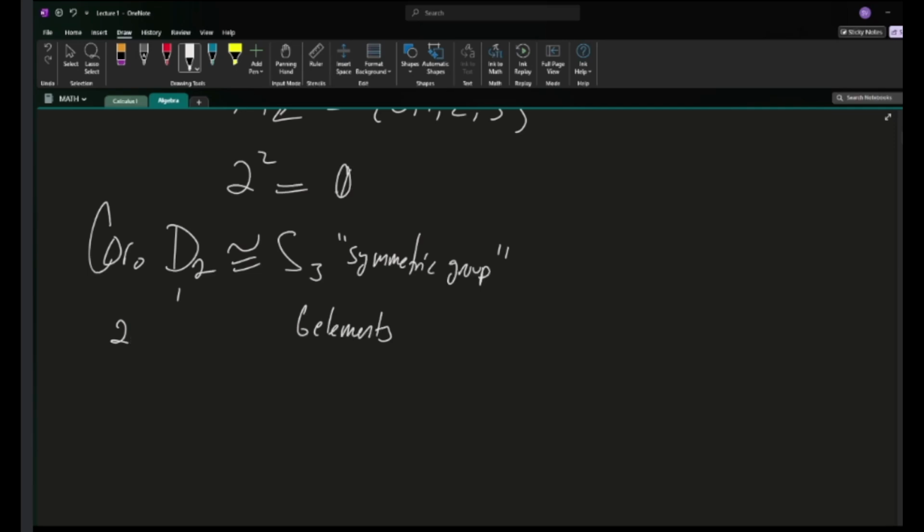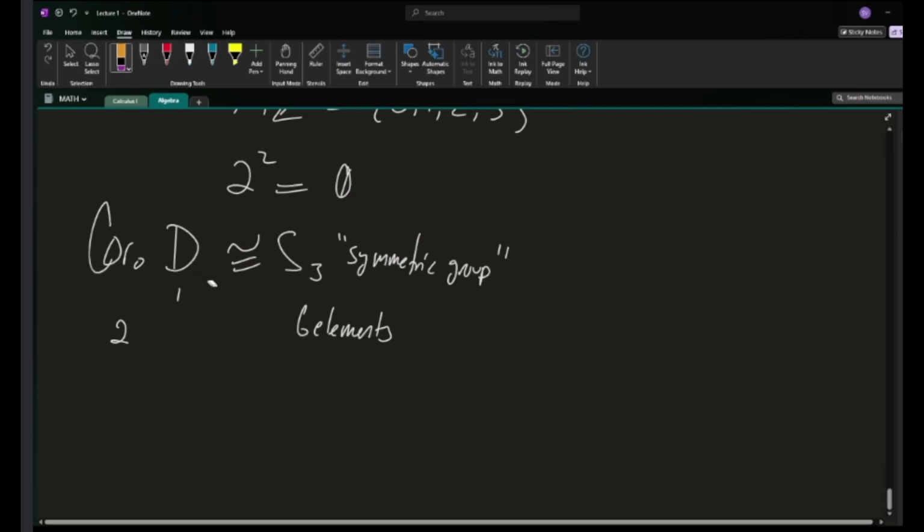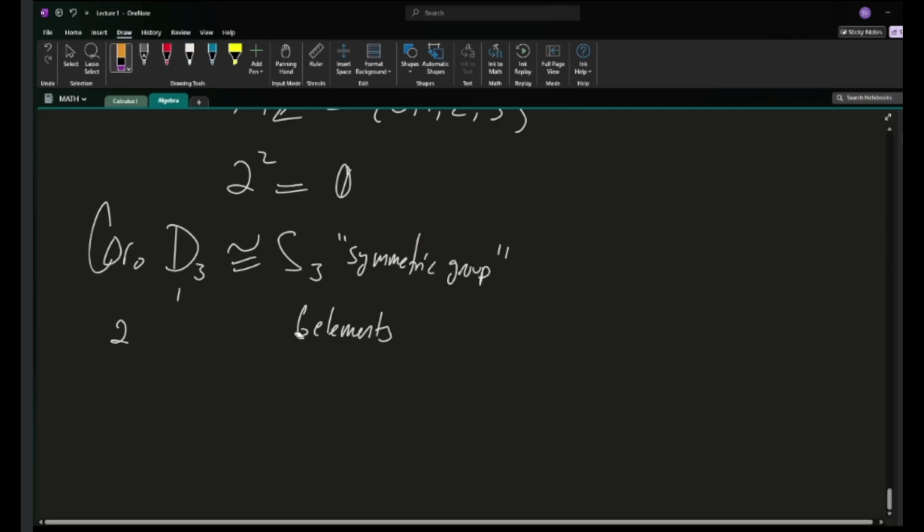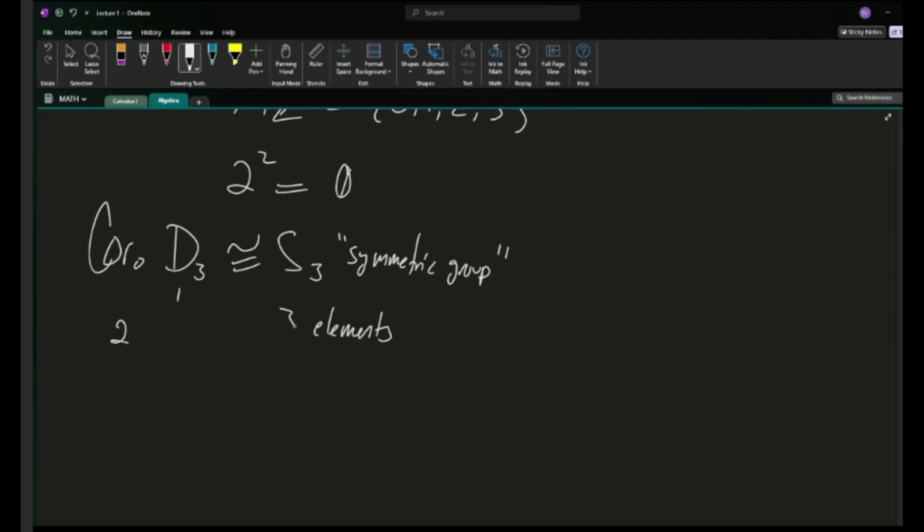Did I do this right? Oh, I said D2. Whoops. So 3 factorial elements, and this one has 2 times 3 elements. And in fact, there's no further isomorphisms for anything greater than 3.